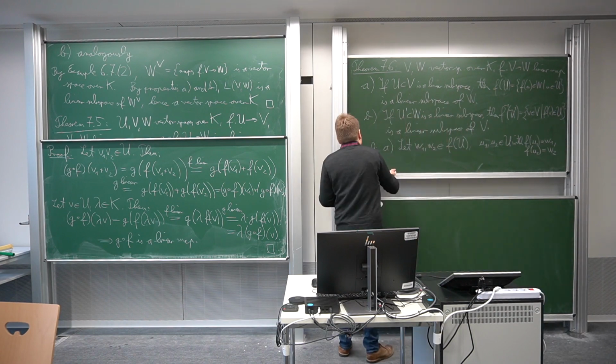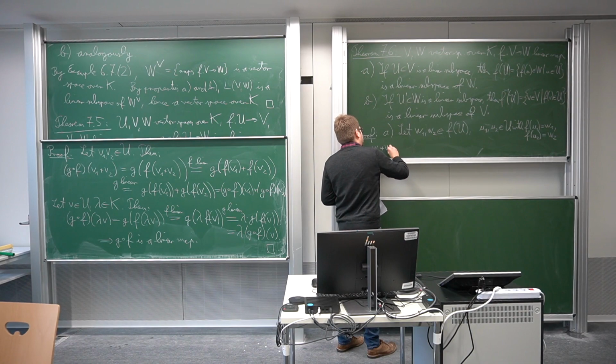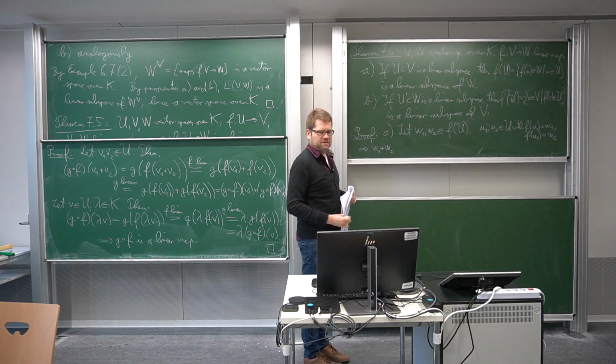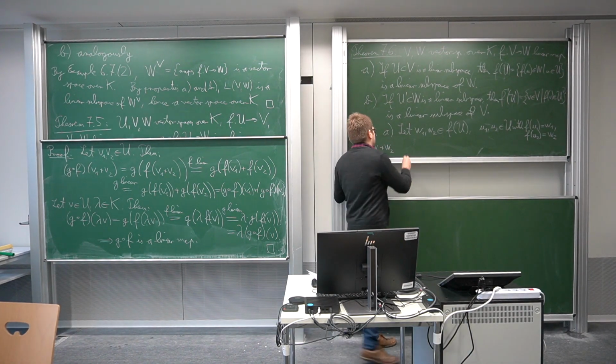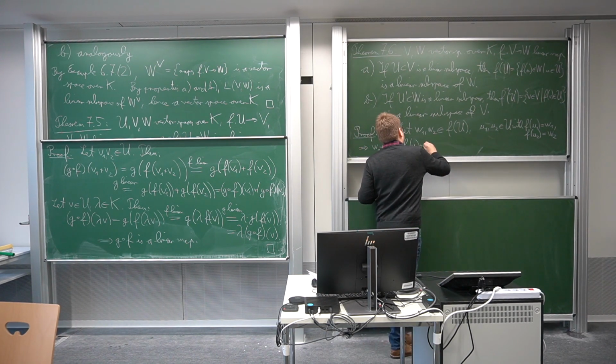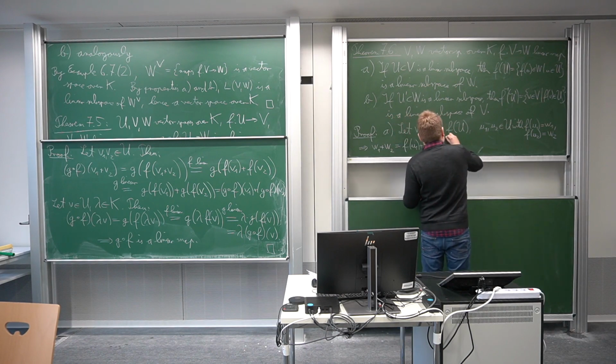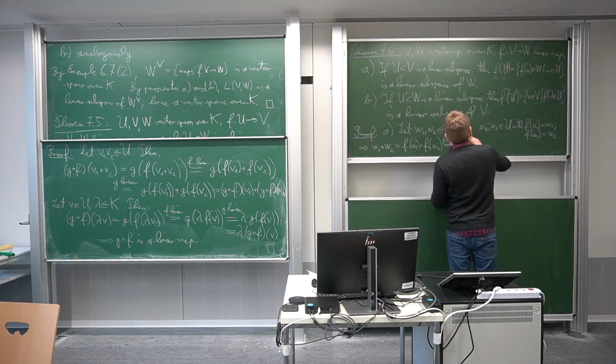Then the sum of w1 and w2, which we need to show to be an element of f of U, is by definition f of u1 plus f of u2. Now, f is linear, so this can be written as f of u1 plus u2.